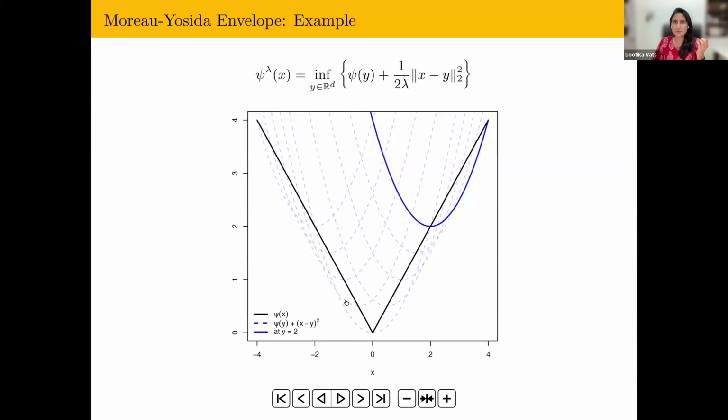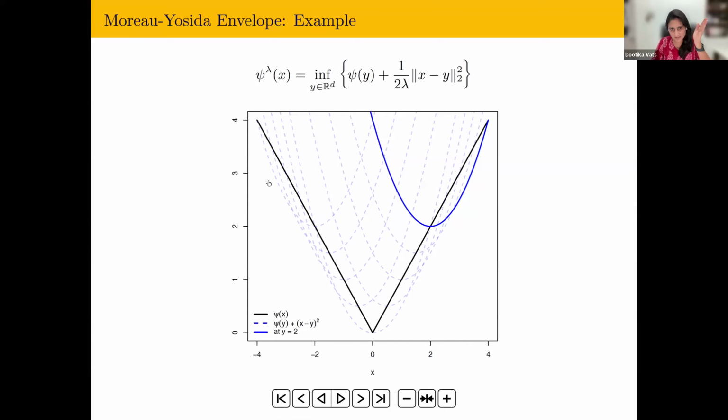But then what I'm going to try and do is, for every value of x, find the smallest value that these blue curves can take, right? So for example, at -2, the smallest value that these blue curves can take is this value over here, right?